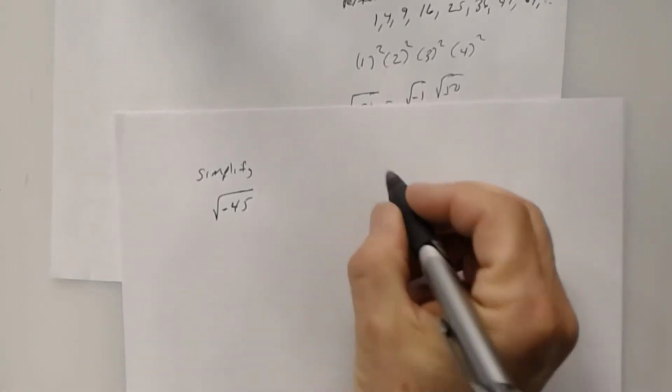All right, well, is 45 a perfect square? No. Then you got to ask yourself, well, can I simplify the square root of 45? I know it's negative here, but let's think about the 45 for right now. Can I simplify the square root of 45? Let's think about the square root of 45.